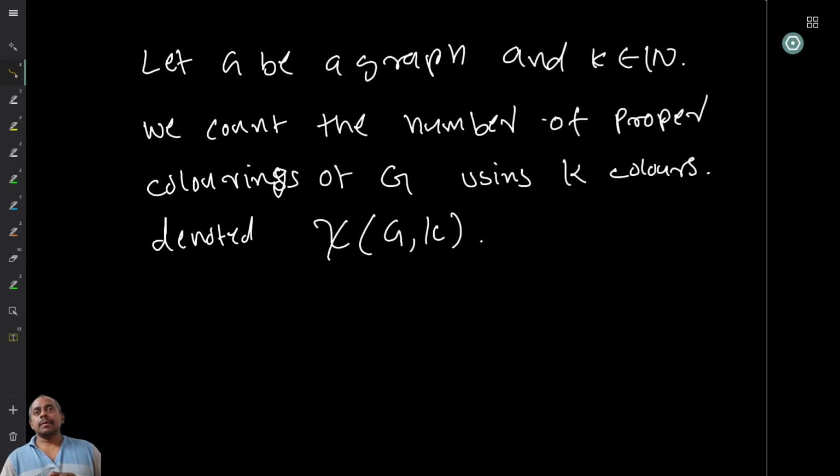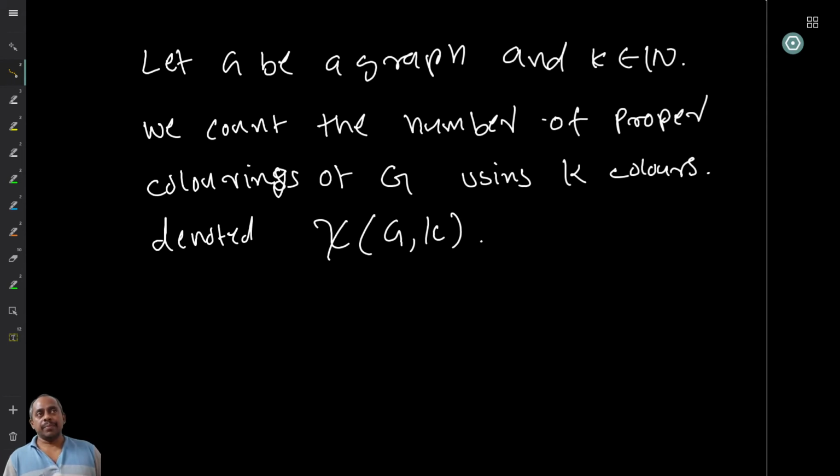Now another combinatorial question that one can ask is, given a graph and a set of colors. Let's say I am giving k colors, because sets of the same cardinality are the same for us. Once you know the cardinality, you will just assume the numbers 1 to k are the colors.